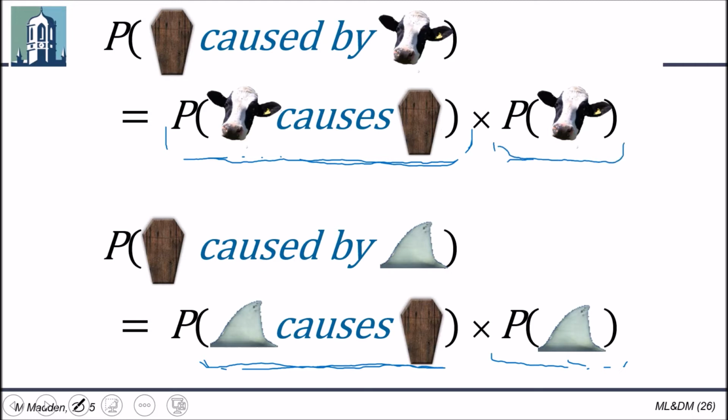Some people, it's their whole job to work with cows. So, on aggregate, because the probability of encountering a cow is so large relative to the probability of encountering a shark, it dominates the calculations, and this is why, on aggregate, more deaths are caused by cows than by sharks.